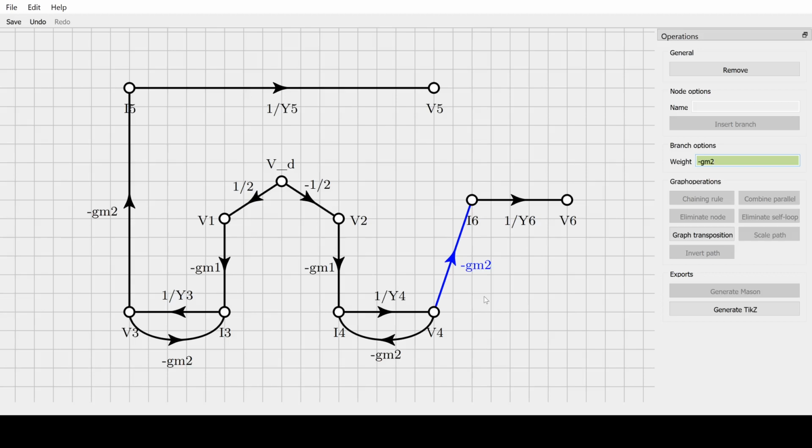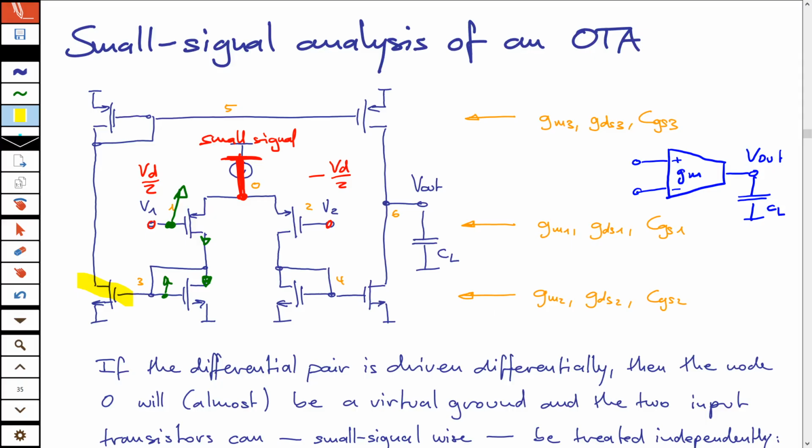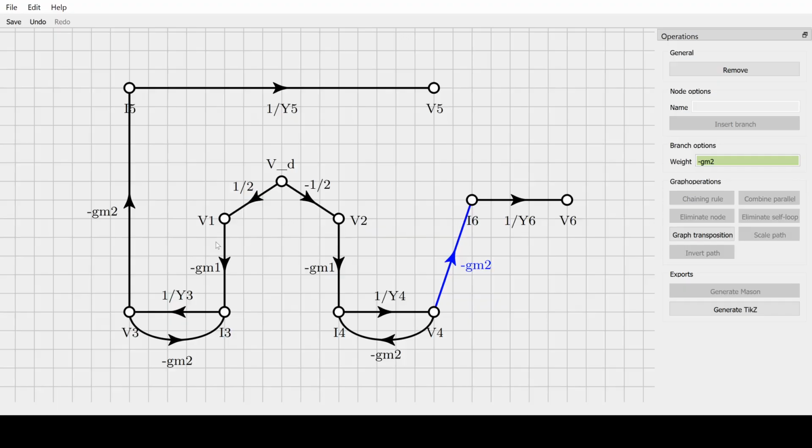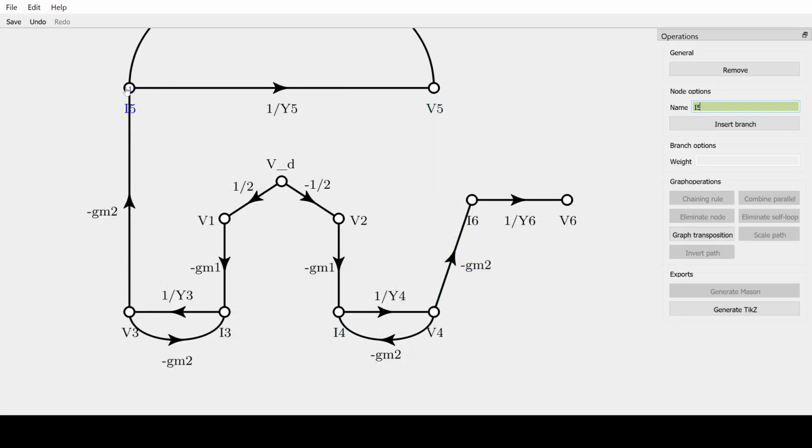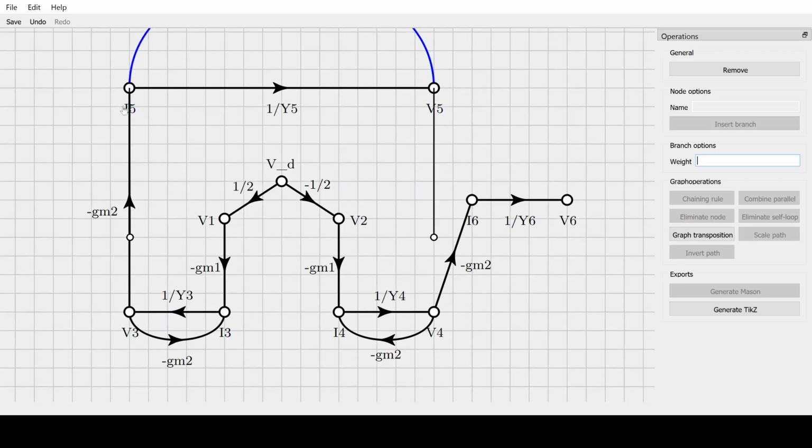Next transistor. That would be this one with the feedback. From V5 to I5, same argument as down here. But much more compact, please.